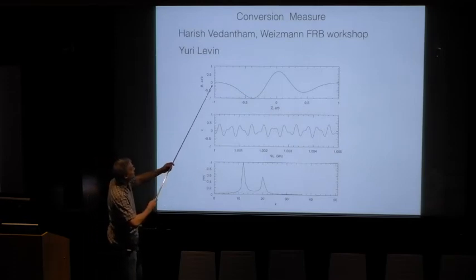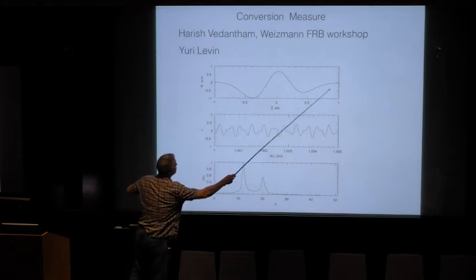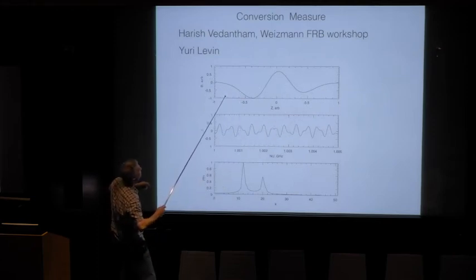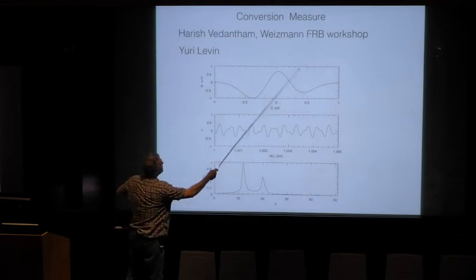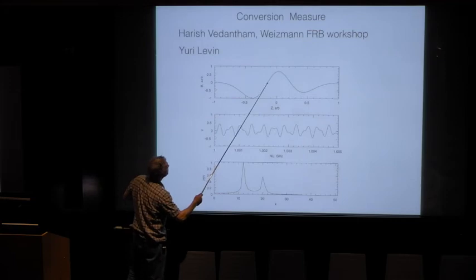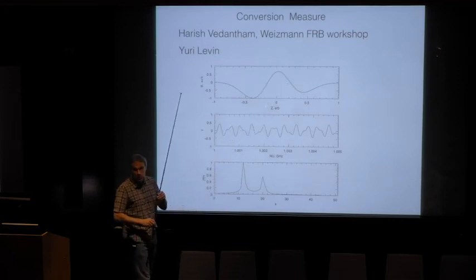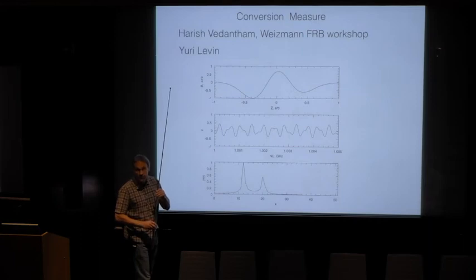But the point is, if this is magnetic field as a function of the line of sight, and suppose your plasma density is only here, then only near the points where the parallel magnetic field vanishes, you are able to do conversion from linear to circular polarization.